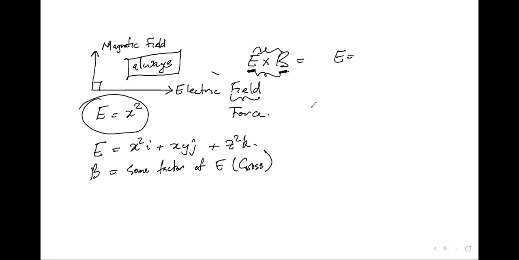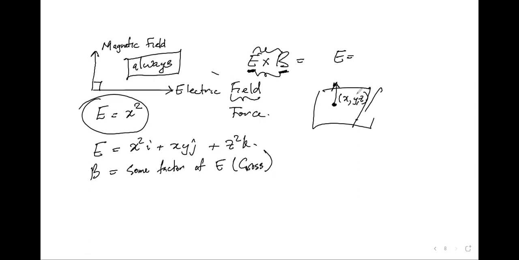So those are some of the things. All I'm doing is setting the stage to say that these are the reasons why we find curl and divergence and gradient. The other thing is that if you have a surface in space, then what's the value of the force at that point?